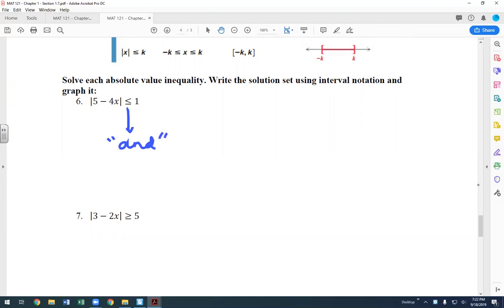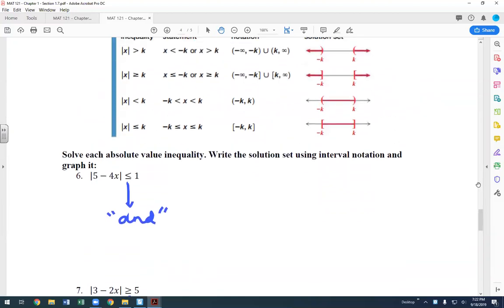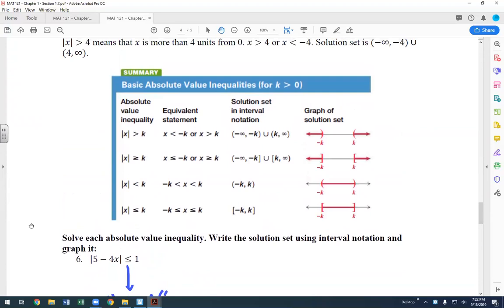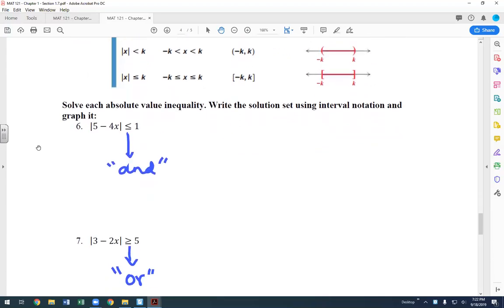If it is a greater than symbol, you are going to have an or inequality. So you can see here, when it is greater than or equal to, we have or. When it's less than or equal to, it's and, but you can actually write it as a three-part inequality if you want. So let's take a look at these examples here.